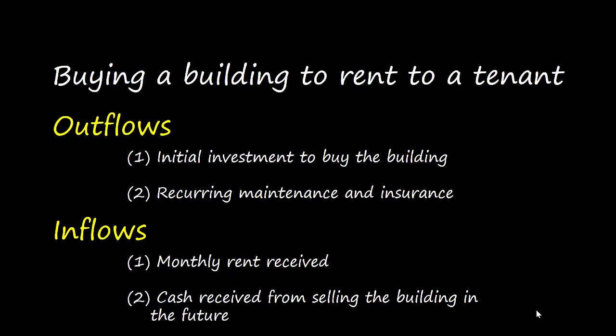As you can see from this example, the timing of cash flows will differ. Let's look at a few options for when cash flows can occur and the terminology related to the different timing of cash flows. We will come back to the example of the building we are purchasing to rent to tenants throughout the examples we explore in the remainder of the video.